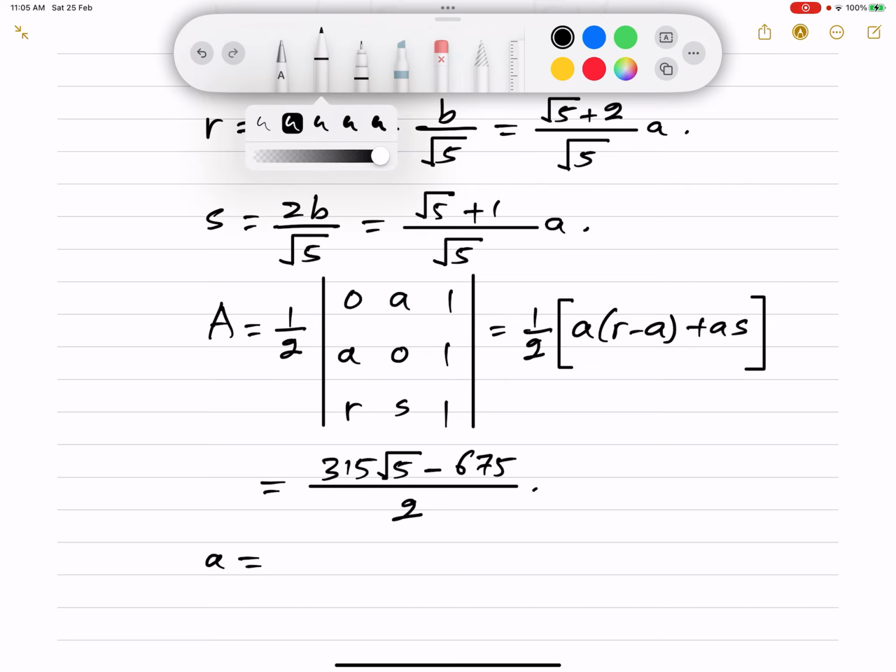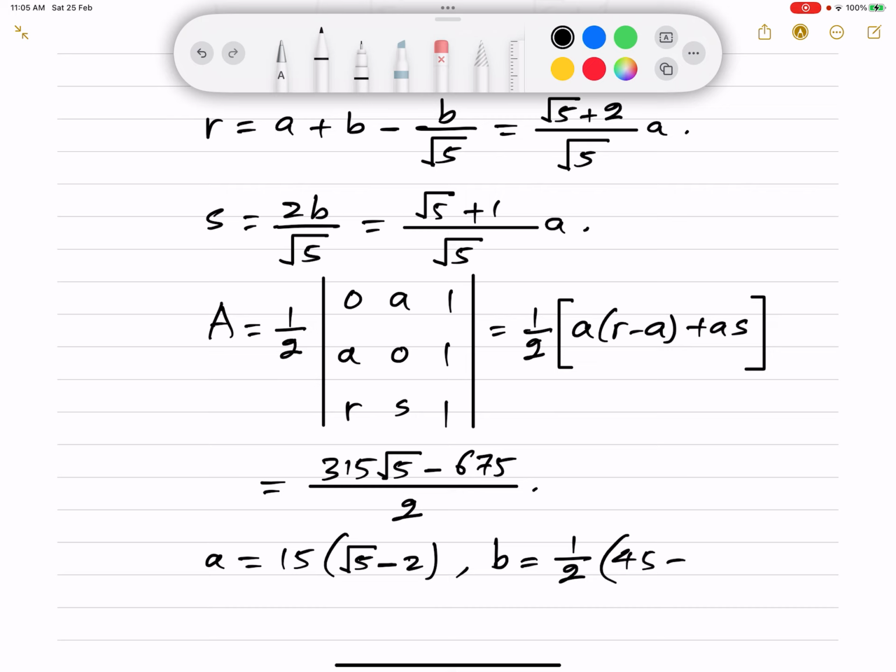So a is going to be equal to 15 multiplied by the square root of 5 minus 2, and b is going to be equal to half of 45 minus 15 square root of 5.